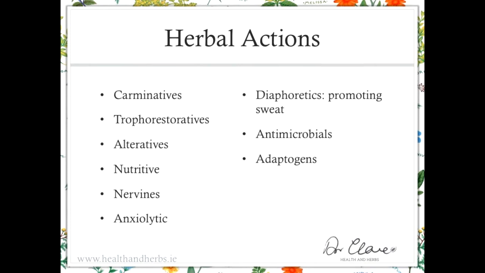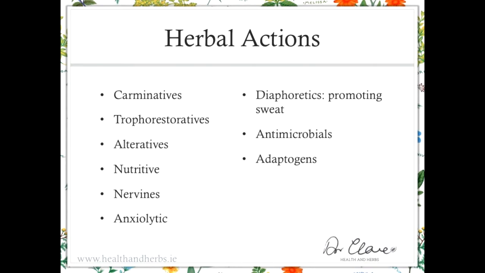And the first action we'll describe is a carminative action. And a carminative action is a soothing effect, often an antispasmodic effect on the digestive tract. We can also consider a trophorestorative aspect of the herbal constituents, and that would be to nourish and restore the basic function. For instance, the mucous membrane is a defensive barrier which stops invasive bacteria or viruses entering our internal systems.